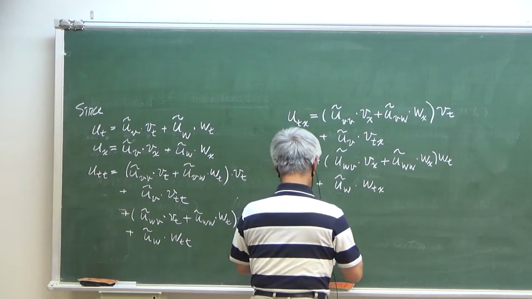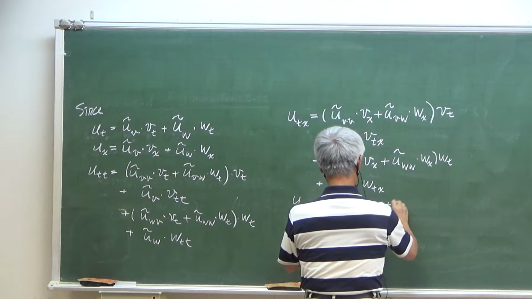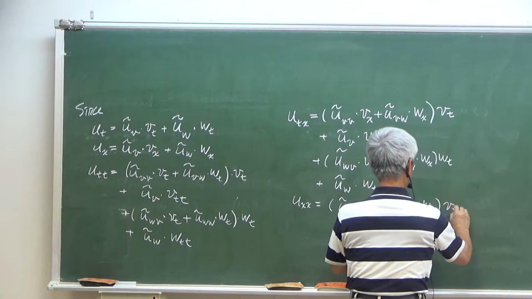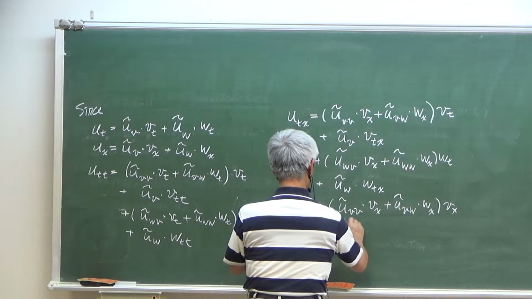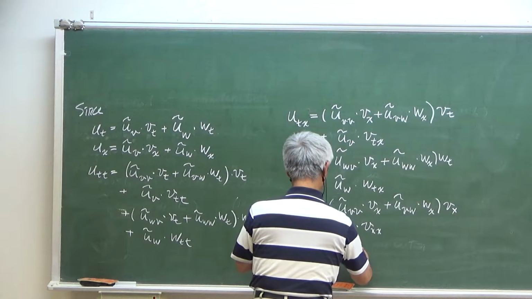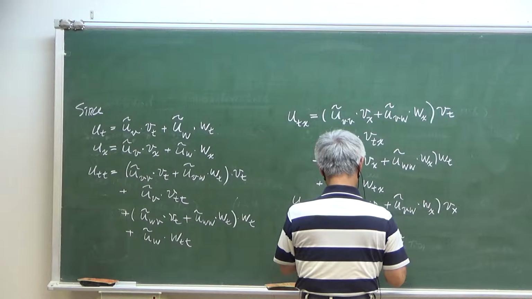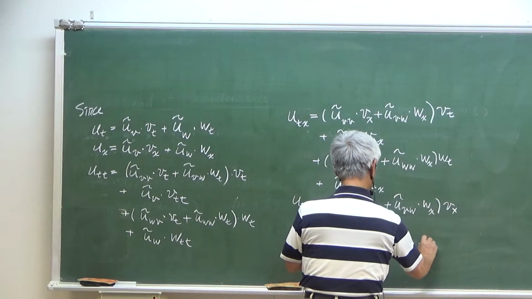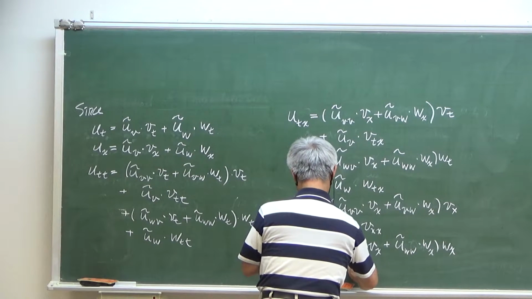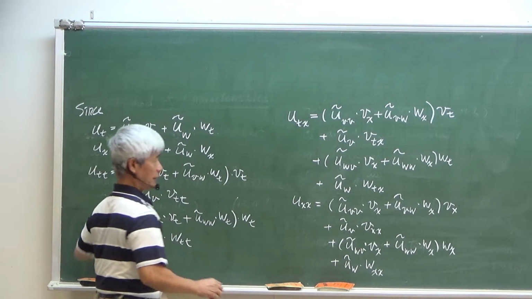Now we have u_vv v_x plus u_vw w_x, times v_x, plus u_v v_xx, plus u_wv v_x plus u_ww w_x, times w_x, plus u_w w_xx. Okay, so you have a lot of things.